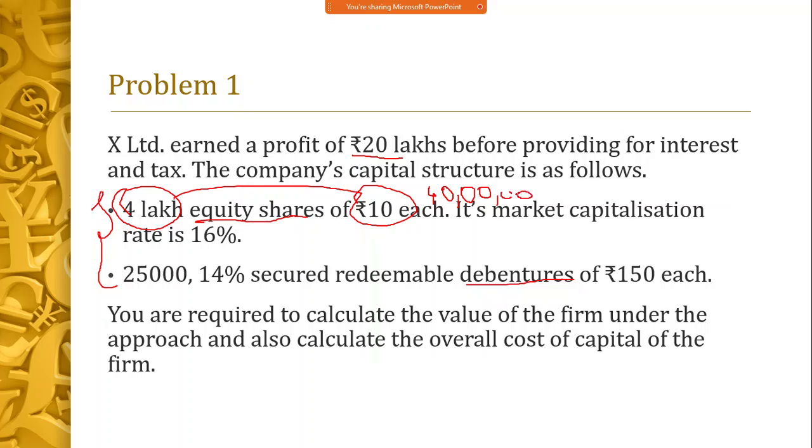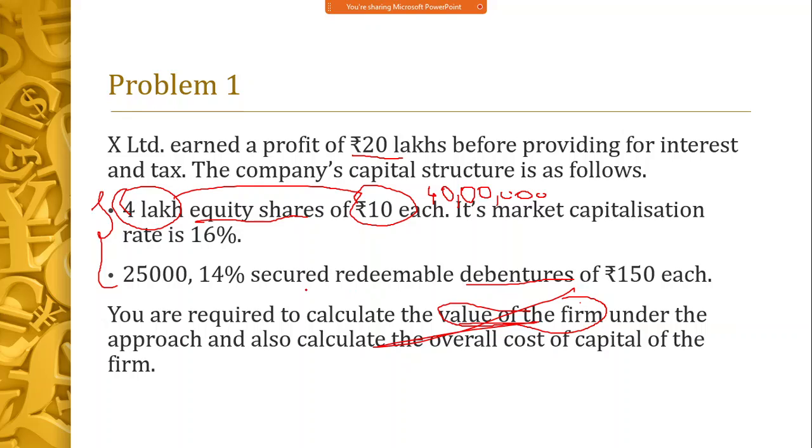But the question asks you to find out the value of the firm. When the question asks you to calculate the value of the firm, here we should always remember that it is the market value of the firm.